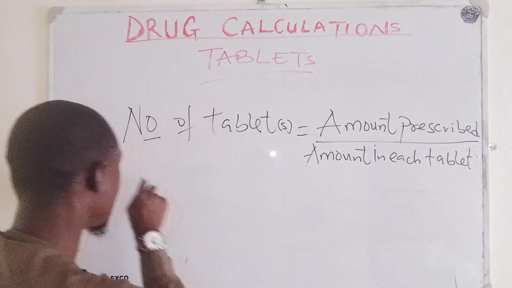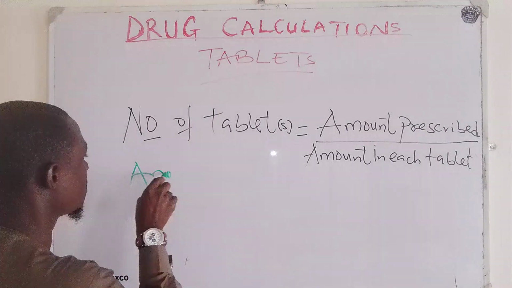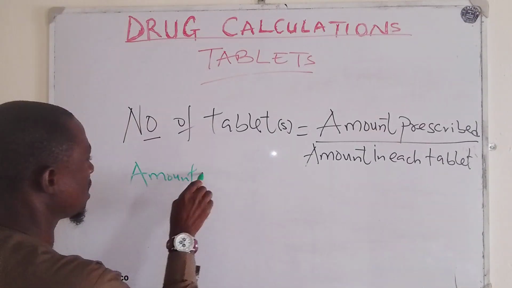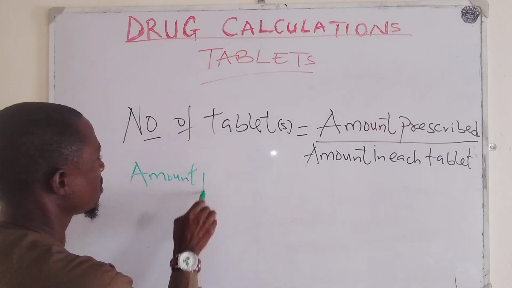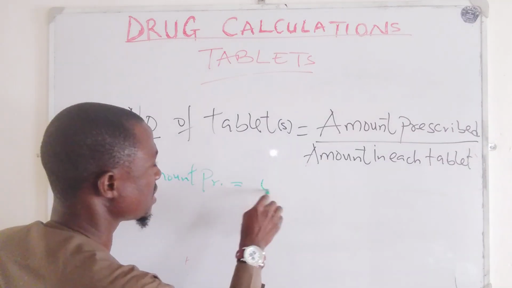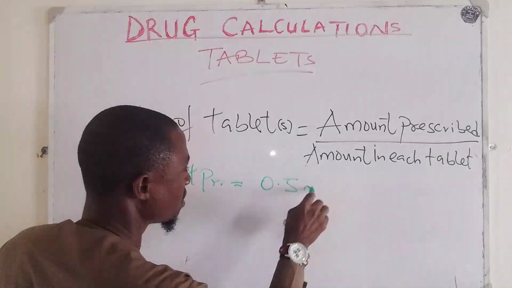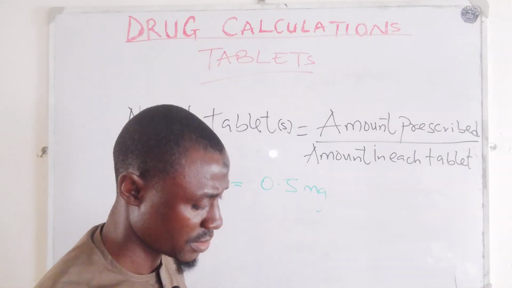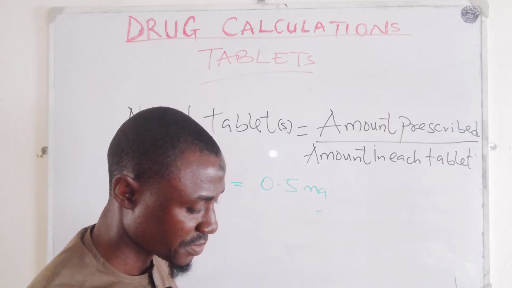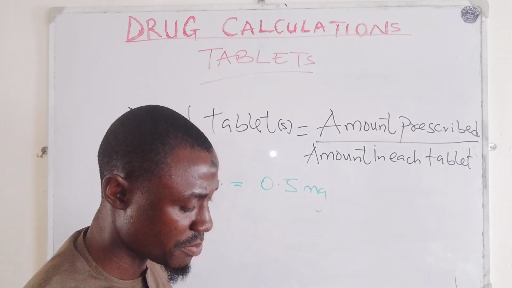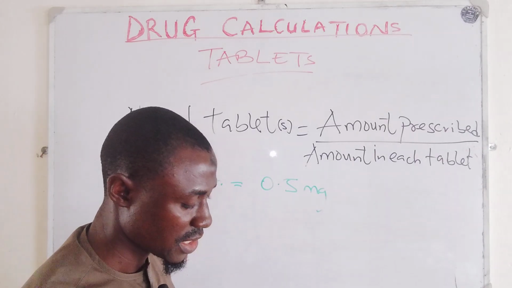So now, let me use PR as prescribed. Amount prescribed is 0.5 milligram. That is the amount prescribed for the drug digoxin, 0.5 milligram orally daily to help manage his symptoms. Full stop.